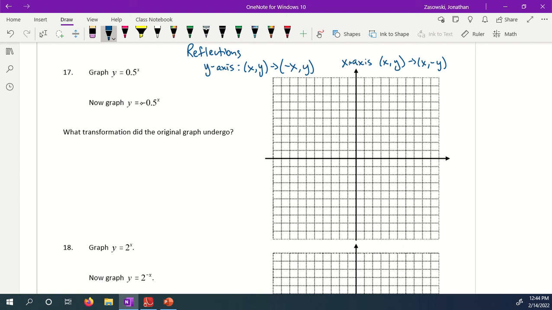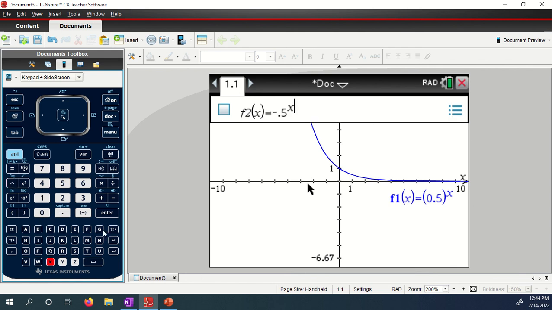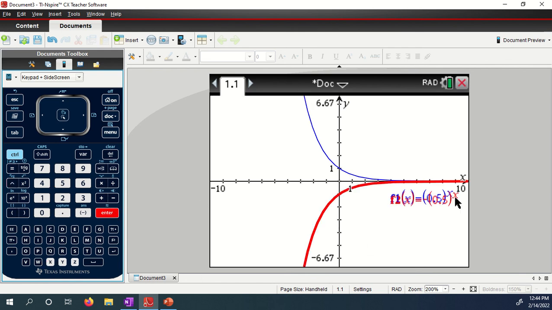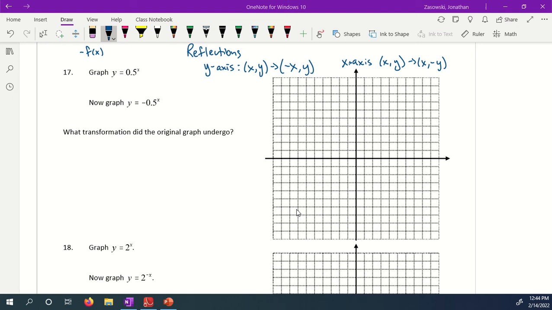So if we're just making the whole function negative, we're taking f of x, which is the y value, and we make it negative. We make the y negative, it should flip over the x-axis. So watch what happens. We're going to do tab, we're going to do negative 0.5 to the x, and it should flip over the x-axis. We make the y negative, make the whole function negative. See how the whole function is negative, f of x is negative, it flips it over the x-axis.